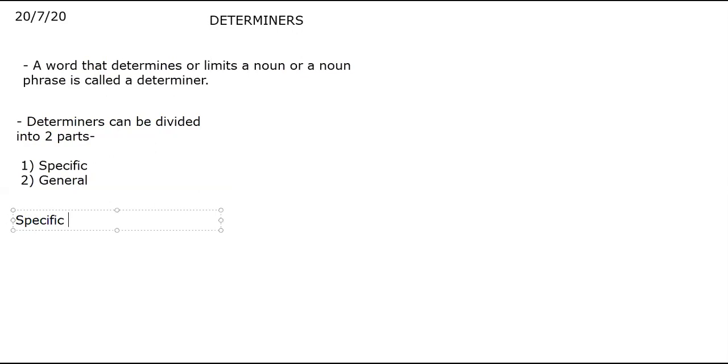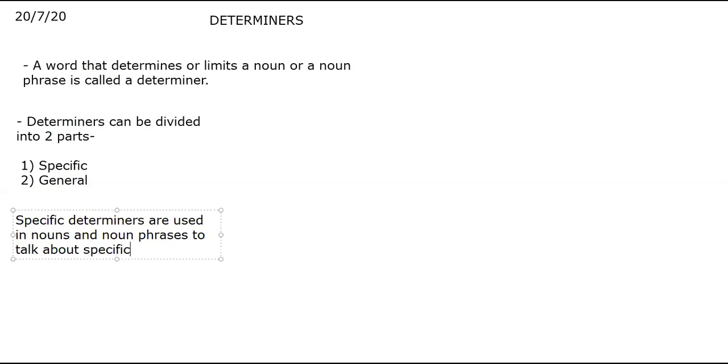Specific determiners are used in nouns and noun phrases to talk about specific people or things.